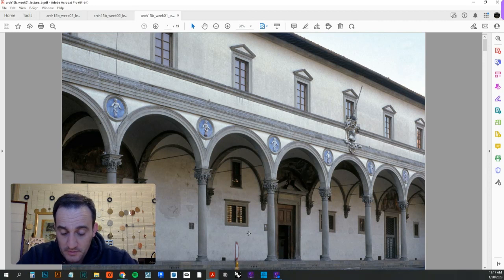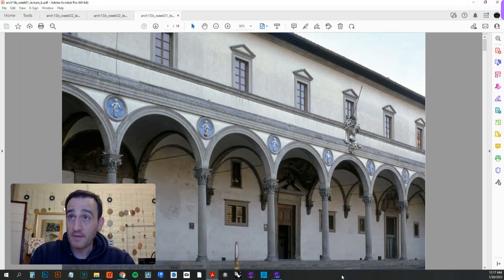So a portico is an enclosed porch supported by columns, walls, and a roof leading to the entrance of a building. So the enclosed porch supported by columns, walls in the back, and a roof leading to the entrance of a building.